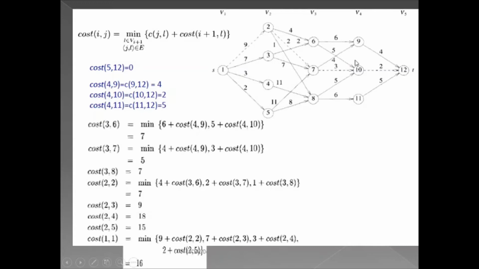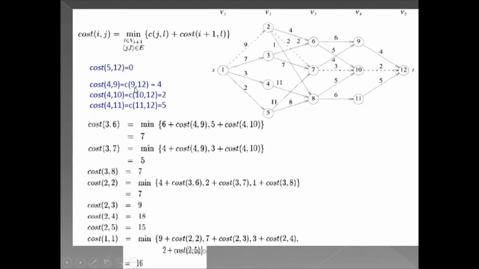Next, moving on to the previous stage, we have 3 vertices: 11, 10 and 9. We are going to find the cost of these 3. First we have to find the cost of 9, which is present in the 4th stage. Only one edge is present and no other intermediate vertices are there, so directly we are going to take the edge cost.